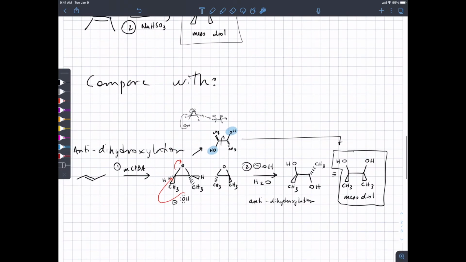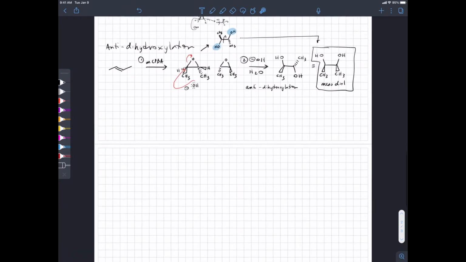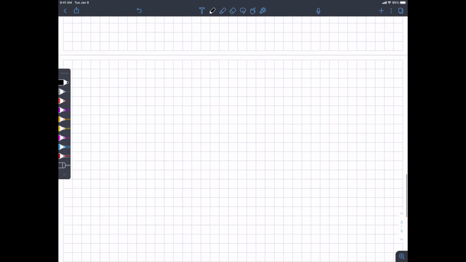So let me show you one way this question could occur. Suppose I tell you that you start with the cis alkene. No, actually, let's do it this way. We start with the alkyne, and we end up with the following alkene.